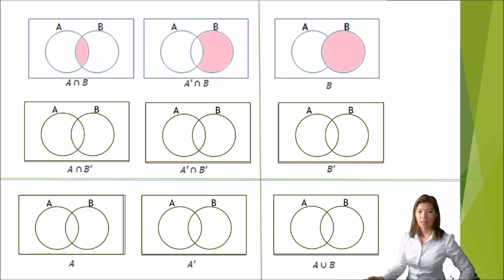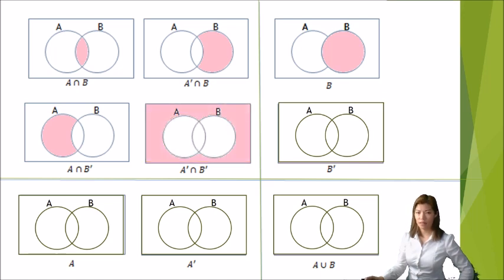Now A intersect not B, or complement B, another way to say it is not B. So everything outside of B and A would be that section there. Not A intersect not B, so the overlap of those two would be the outside.